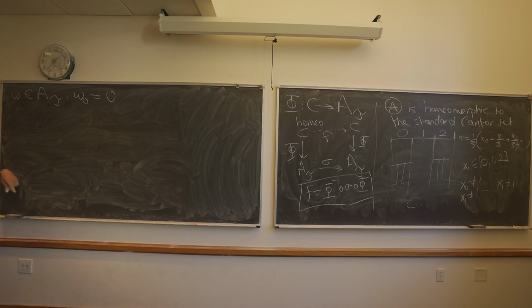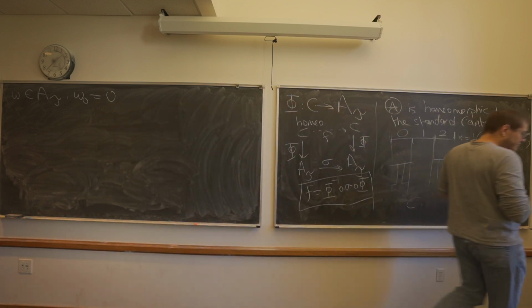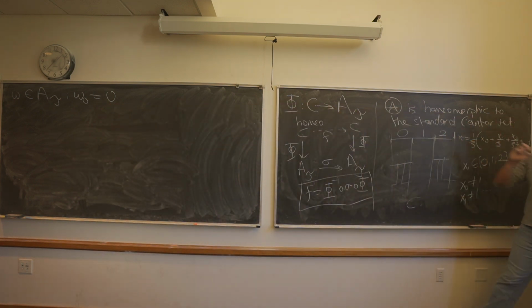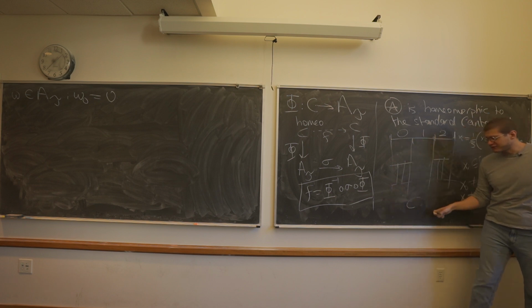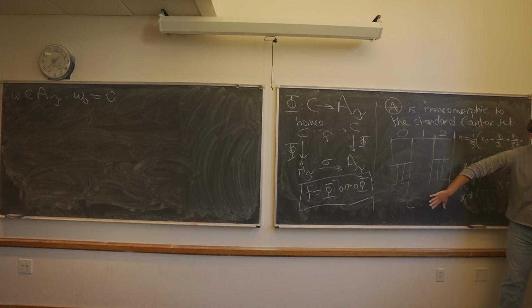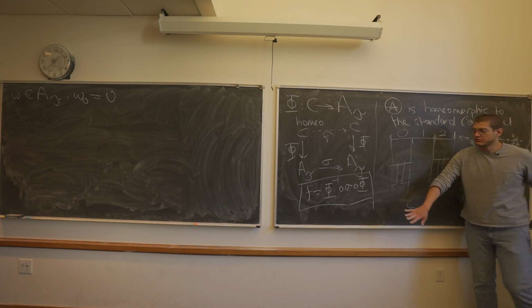Now, under this coding, can I say anything about where it should be on the interval? It should be here, right? I don't know exactly where in this Cantor set, but certainly it cannot be on this part. It has to be somewhere here. Okay?